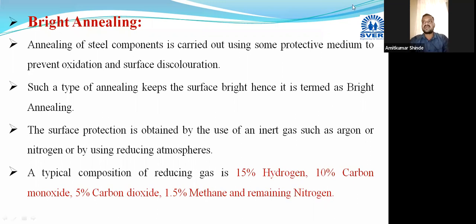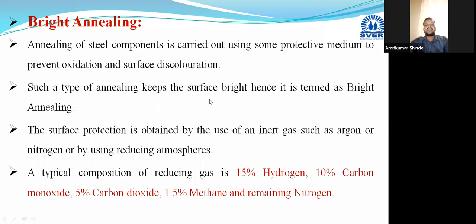In bright annealing, the annealing of the steel component is carried out using some protective medium to prevent oxidation and surface discoloration, that is, loss of color from the surface. To prevent oxidation we use a protective medium, and we conduct the annealing in the same way as discussed earlier.